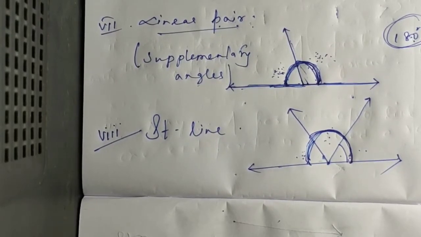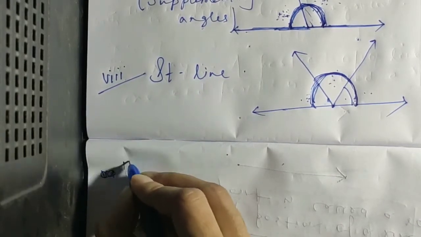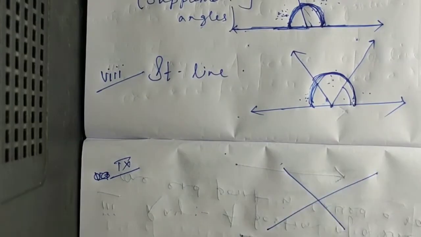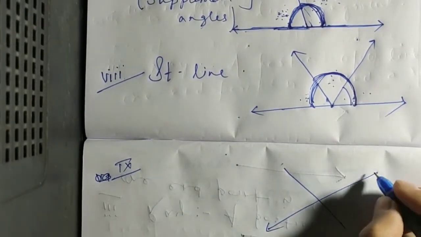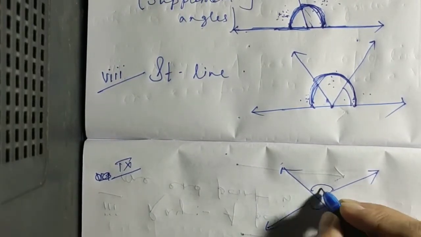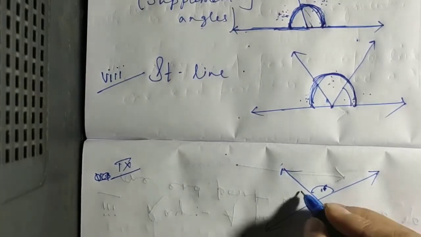Now vertically opposite angles. What is a vertically opposite angle? When two lines intersect, then this angle and this angle are opposite to each other, so we call these two angles vertically opposite angles.